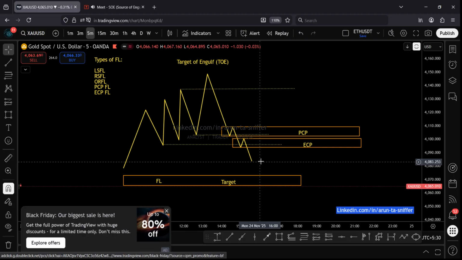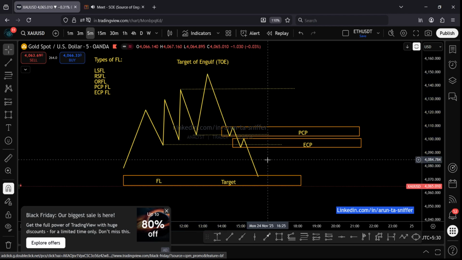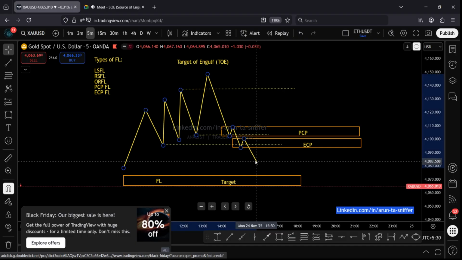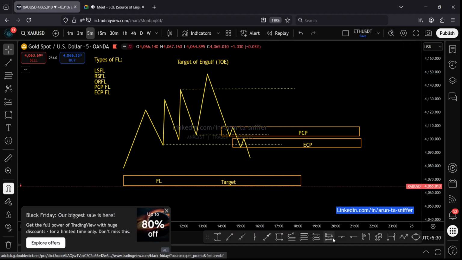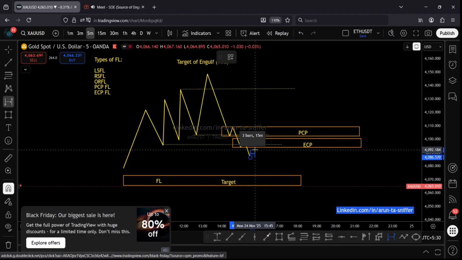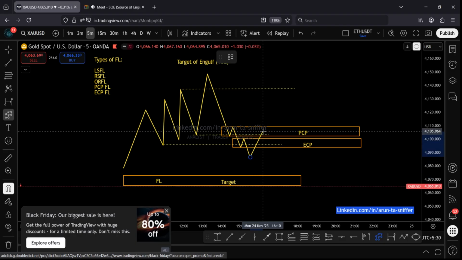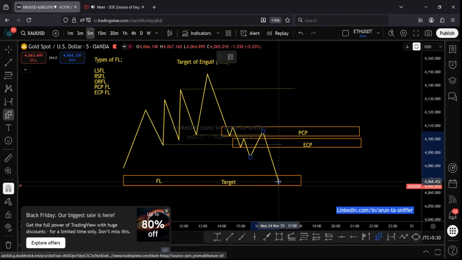What happens if ECP is able to send price to the target? Then so good, very good. But if it fails, what will happen? The price may go back to PCP and then fall back.